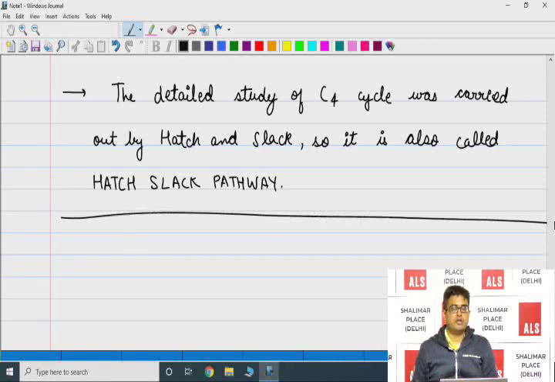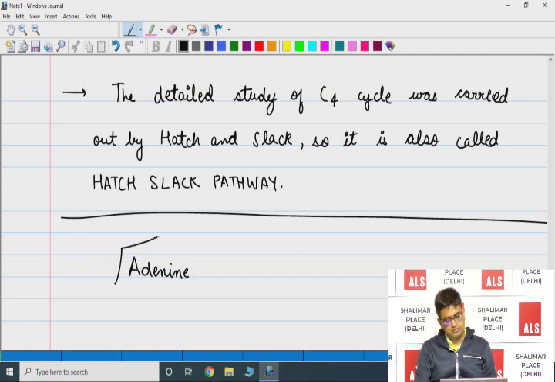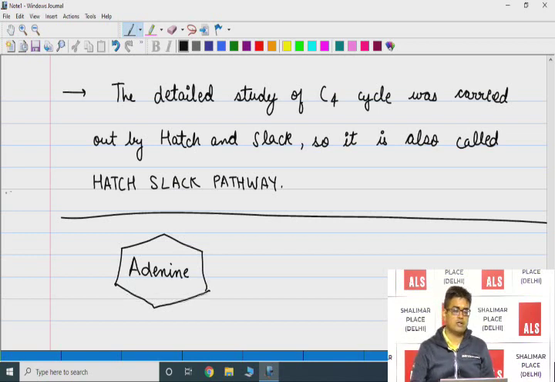So on your page somewhere, find some space on the top of your margin somewhere. I want to tell you something. Look, this is adenine molecule. Actually, it's a pentacyclic ring, but it's okay. Adenine molecule is attached to one phosphate.